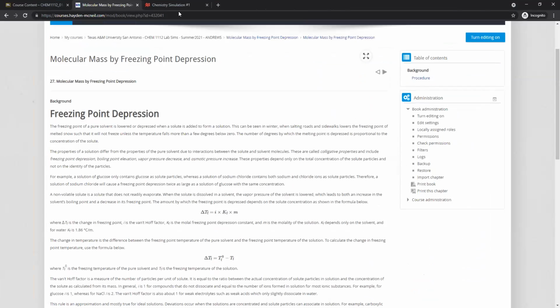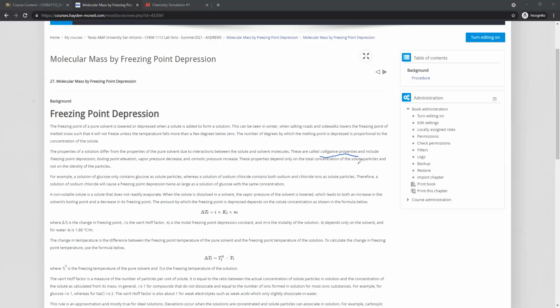Now, I just want to talk a little bit about the theory behind this lab. In this lab, and we're going to do a similar lab to this in person next week, we're looking at what are called colligative properties.